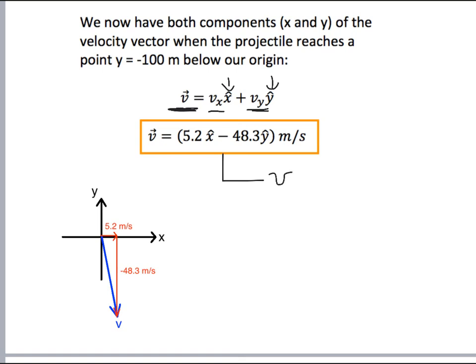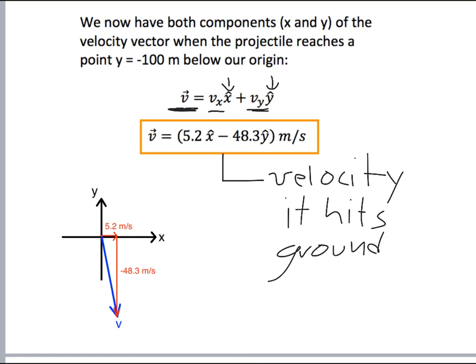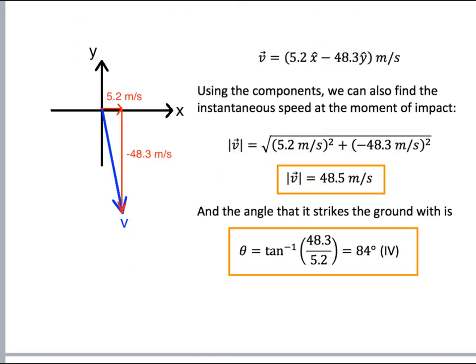And so that is the velocity that it hits the ground with. And that, of course, is the answer that we're looking for in that part of the problem.